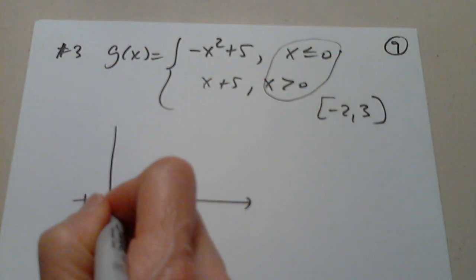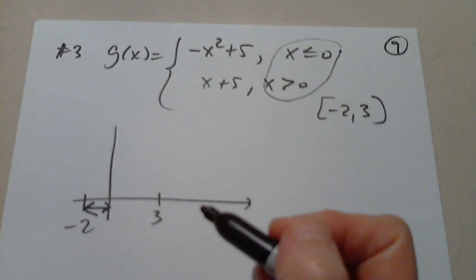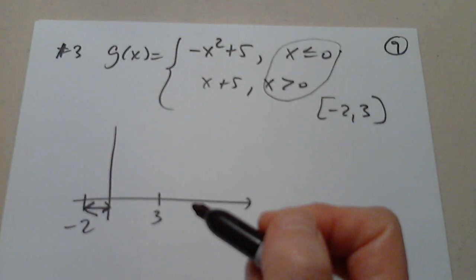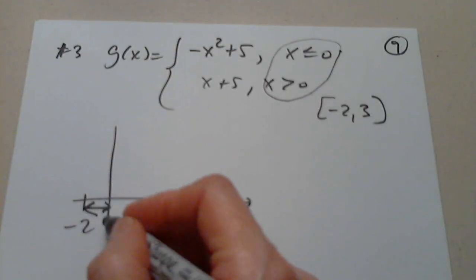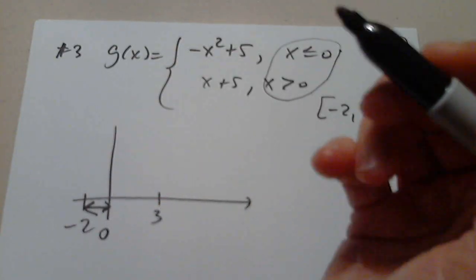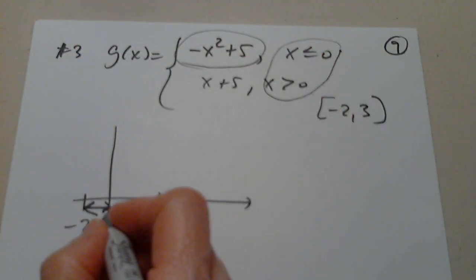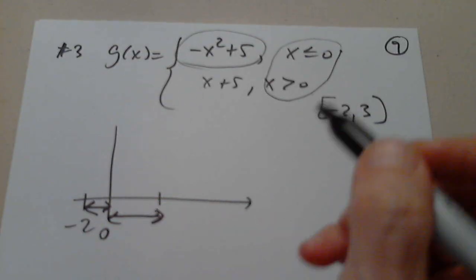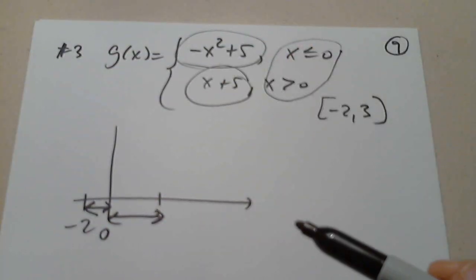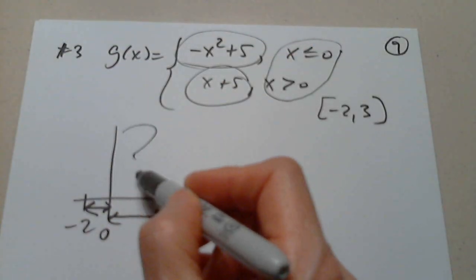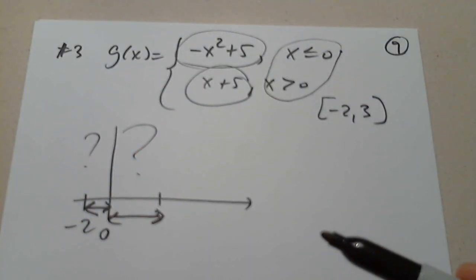So between negative 2 and 0, I have to integrate using this function. And between 0 and 3, I have to integrate using this function. It doesn't matter how the function looks like.